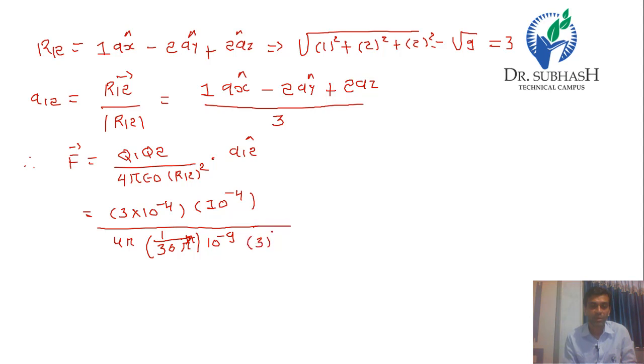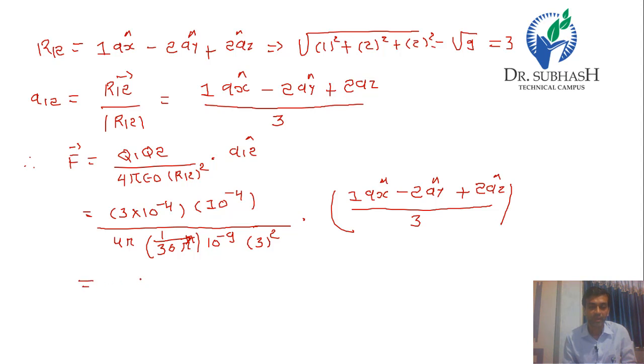The r12 value is 3 square, and the unit vector is 1ax minus 2ay plus 2az upon 3.